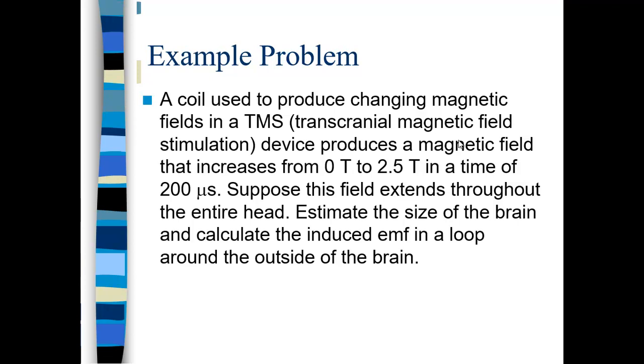Okay, so I'm going to make some wild assumptions here. I don't know how big a brain is, so we'll just switch over to the document camera. The coil, they're not given how many loops are in the coil, so we're just going to assume that n equals 1, so we'll have 1 loop.